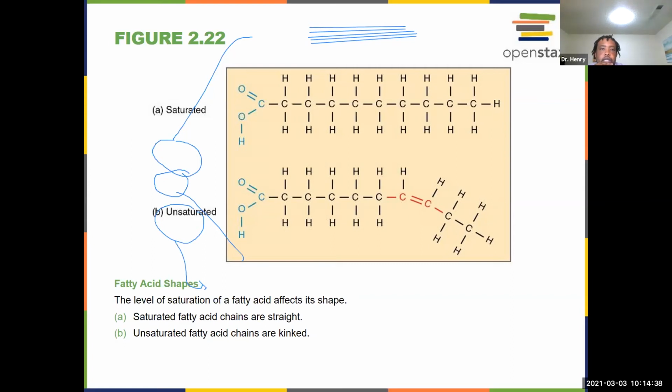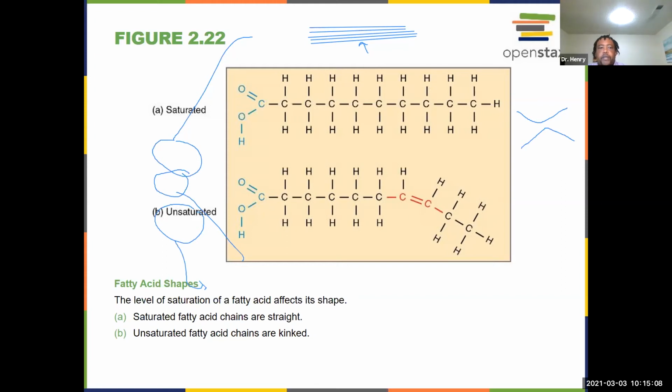But if you have kinks like this, and then another one, you just have a little point of interaction. So the linear ones make easy clogs, with fat clogged on top of each other, whereas this one is easy to break down. Enough water could come in there and start to separate the two because of the kinks. Okay.